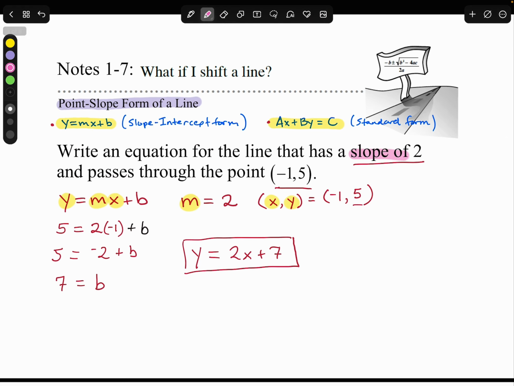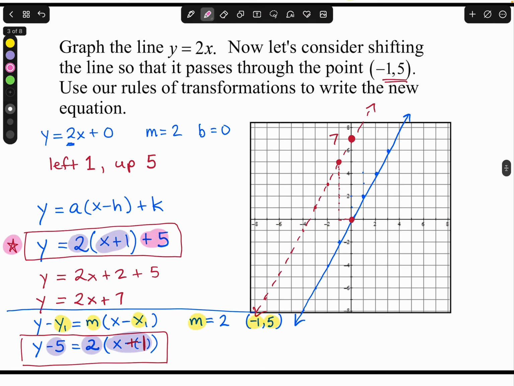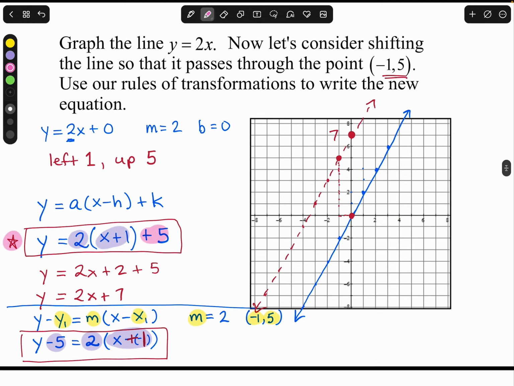So rather than having to go through all the work we would normally do, given a slope and a point, plugging it in to find our y-intercept, if we know our point slope form, we can plug it in here and we'll end up with an equation that looks like this.